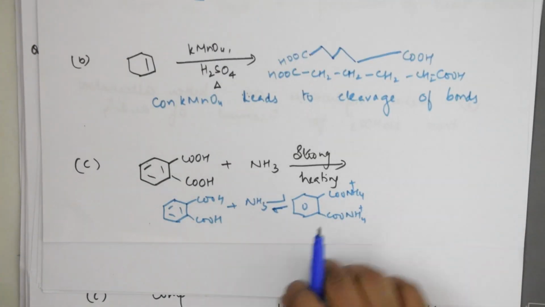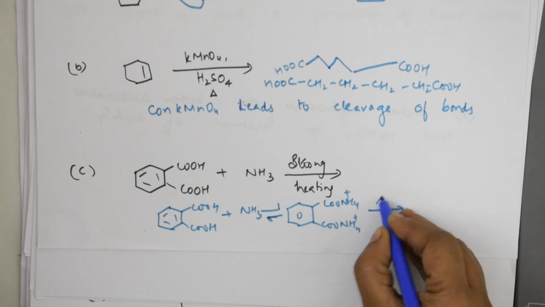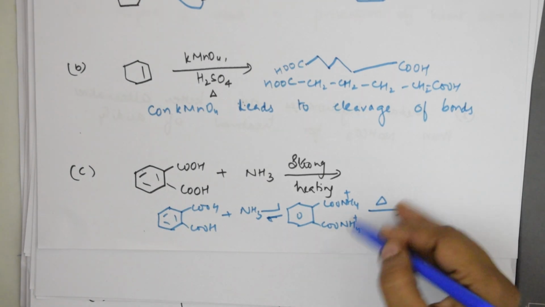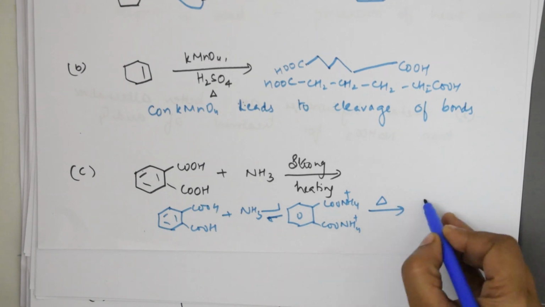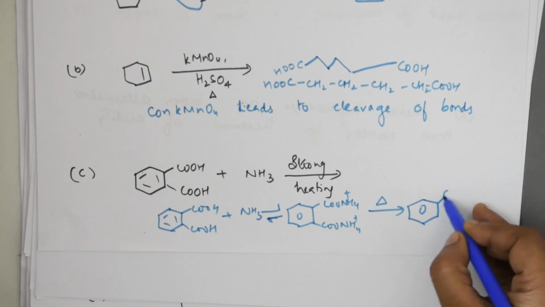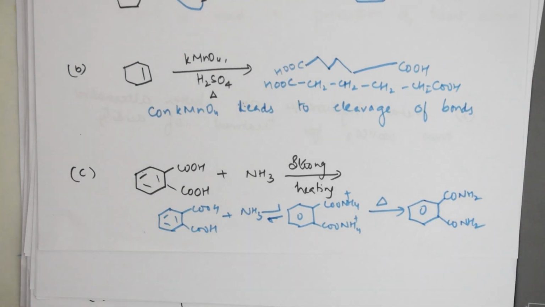Then further, when you heat this ammonium phthalate, it's going to form a compound called phthalimide. Remember that. Further, when I heat this, it's going to lose this hydrogen from here and you get CONH2.